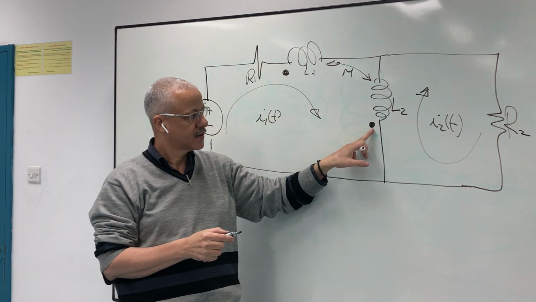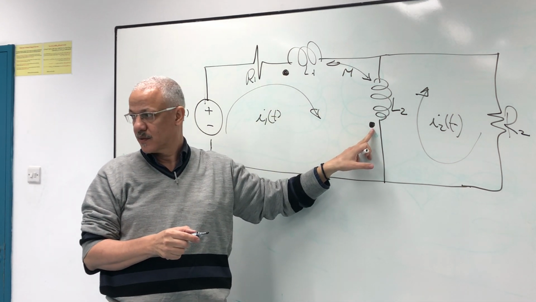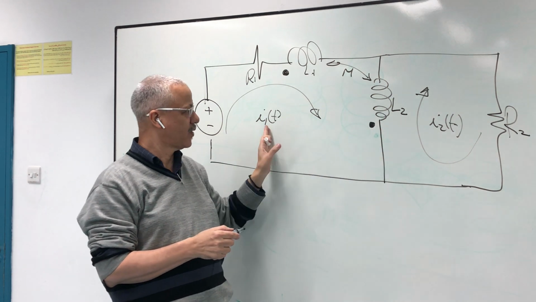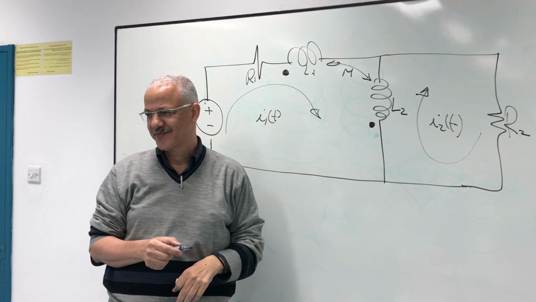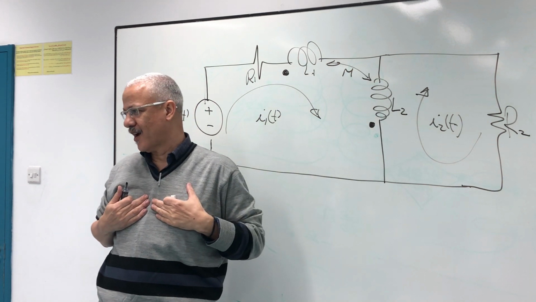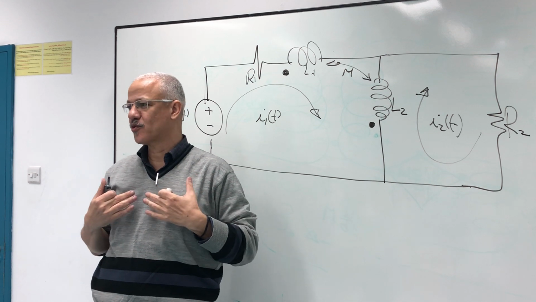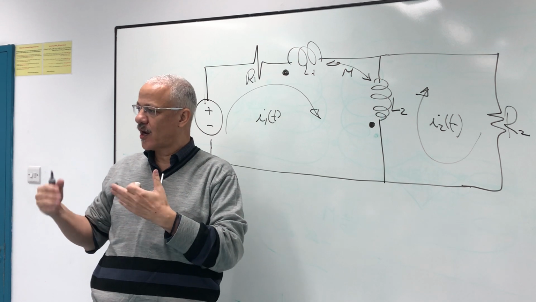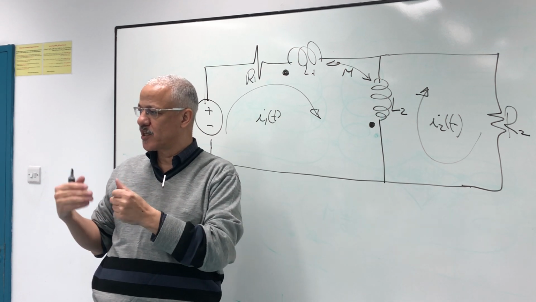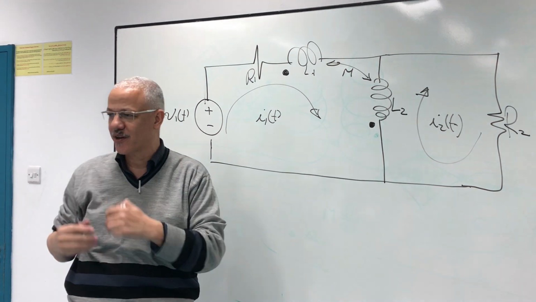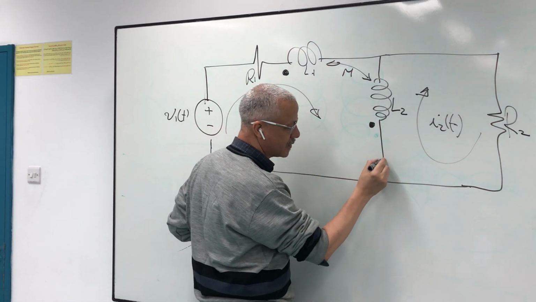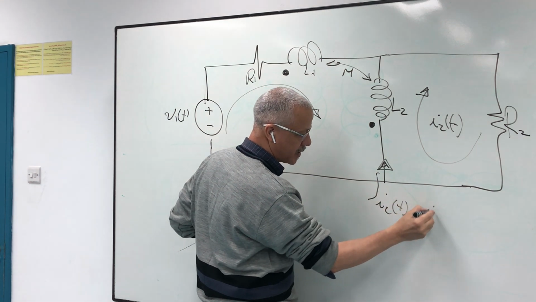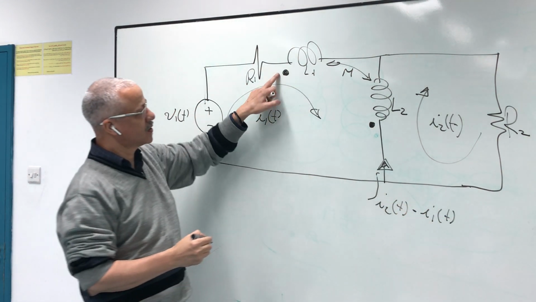But at this point, in which direction will the current go, I2 minus I1 or I1 minus I2? I will consider I2 minus I1. I leave you to try what happens if we change it to I1 minus I2, whether there is a change or not. So here, what is the input current? I2 minus I1. And there is a dot here, I1.